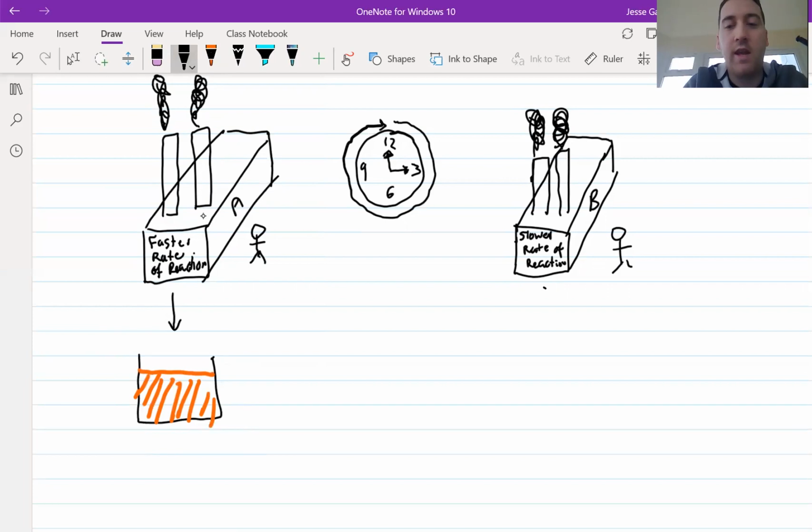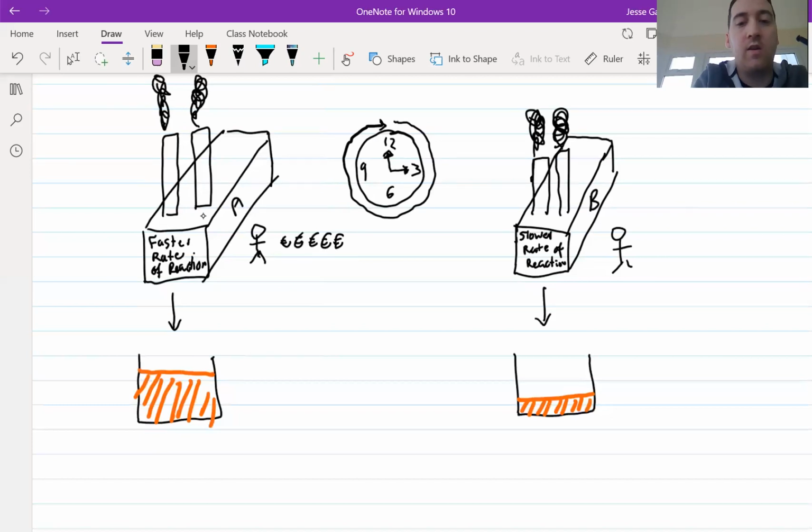Whereas factory B also produces the same product, but their rate is lower or slower, which means over 12 hours, they produce less product. That means that factory A has more product to sell and therefore is going to make more money. So here comes the euros piling in.